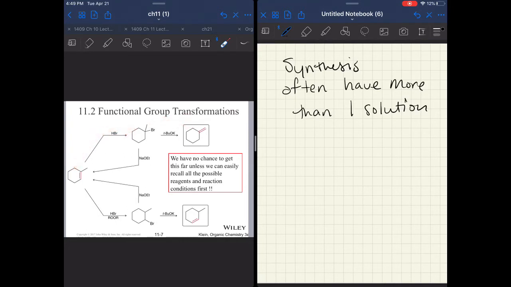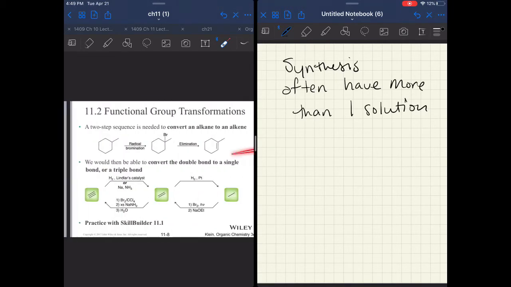If I want to move it further into the ring, then I need an anti-Markovnikov addition followed by, in this case, a Hoffman elimination. So there's a lot of choices here, and if you don't know the reactions that we've gone over in the last 4 chapters, really, this can be really tricky.